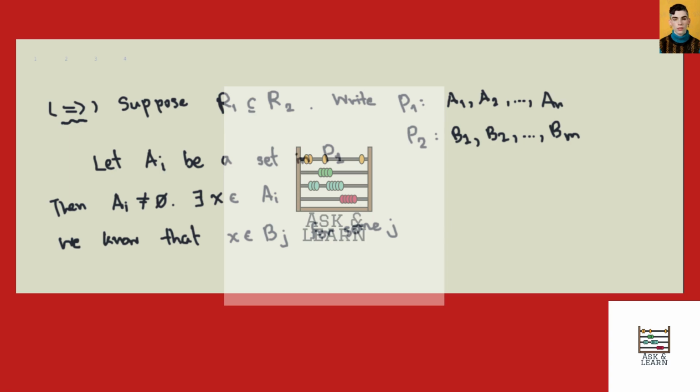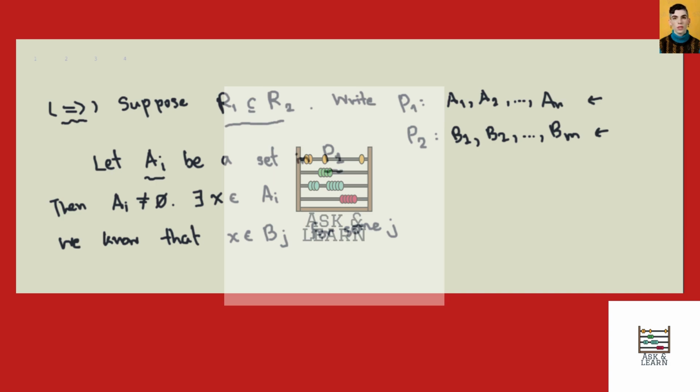First implication: we suppose that R1 is a subset of R2 first, right? And we want to show that the partition is a refinement of the other. So we will label the sets that make up the partitions like this, A1 to AN and B1 to BM. Let's consider some Ai in the partition P1.